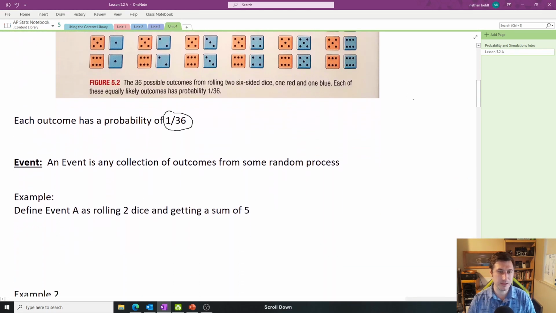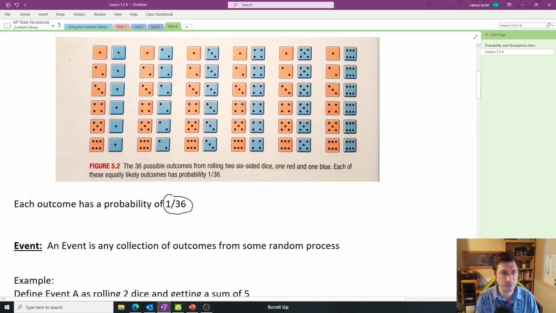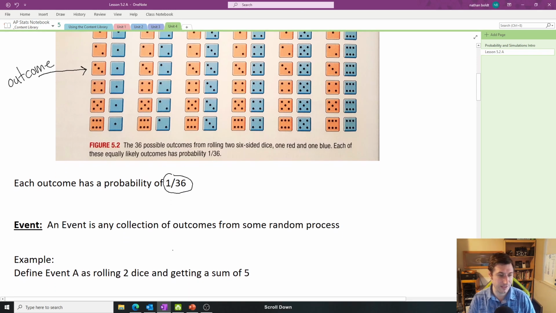Next, now that you have your probability model, what do you do with it? You can start defining events. An event is any collection of outcomes from some random process. Each one of these individual options is an outcome in our probability model. So here is my event now.